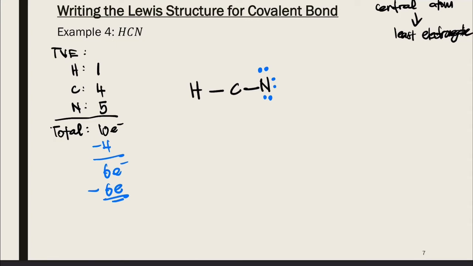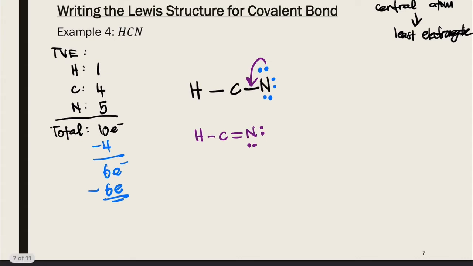So what we can do is we need to move the lone pair from the terminal atoms to form another bond. So the new structure will become like that. But when we check again for carbon as central atom, carbon is not octet yet. So what we can do is we repeat the same step.